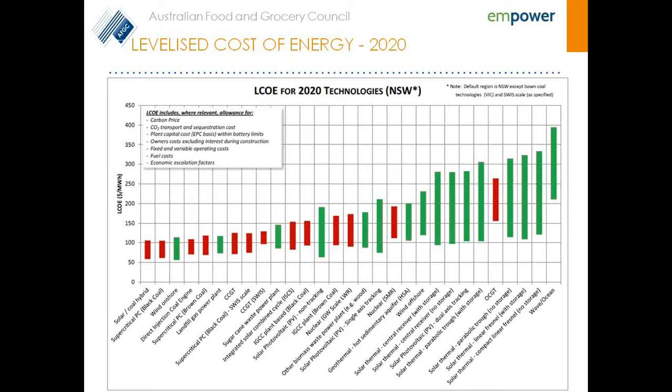Now moving ahead with this second one, which is starting to look at the levelized costs in 2020, there you start to see a few more of the levelized costs of renewable energy becoming comparable in price to power generated from coal-fired power stations and that sort of thing.